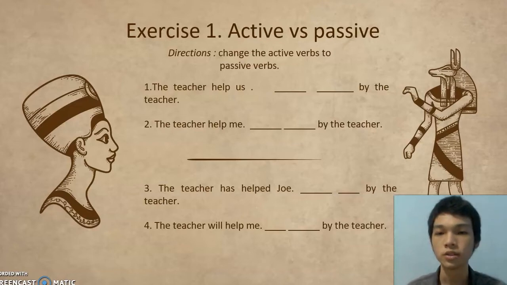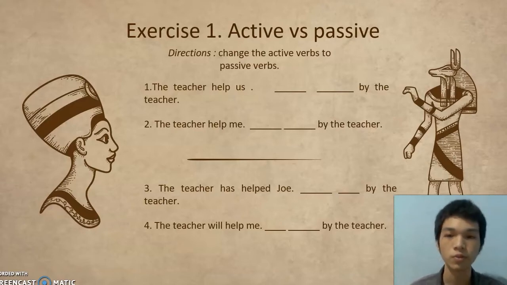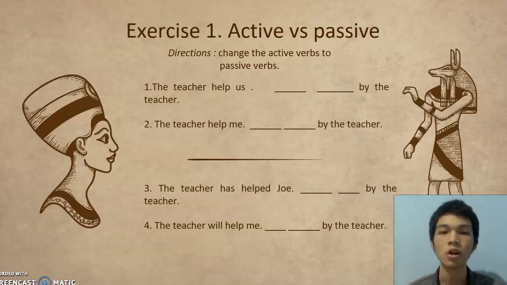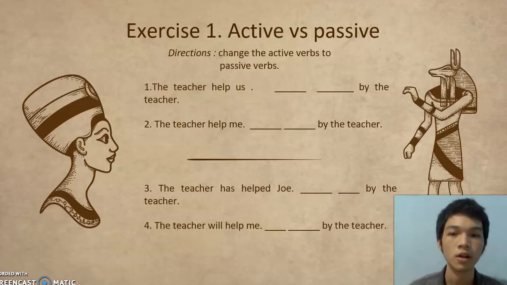In number 1, we have the active sentence, "The teacher helped us," and we have to change it to the passive. Before I show you the answer, you can pause the video and answer it on your own. So let's go.